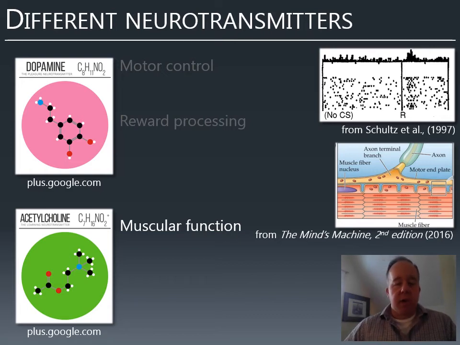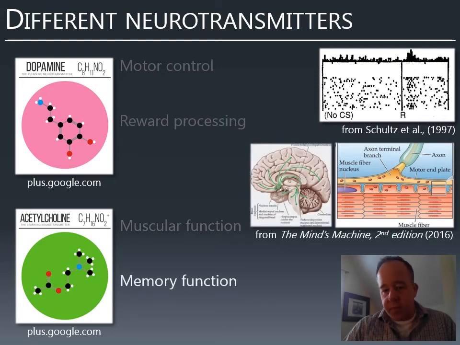So if your muscles are constantly tense or constantly relaxed, either way, you're not breathing. So acetylcholine is a common target for toxins, whether they're man-made or not, whether they're employed by humans or animals or plants. But acetylcholine is critical for muscle function.